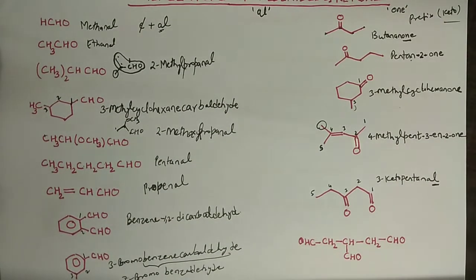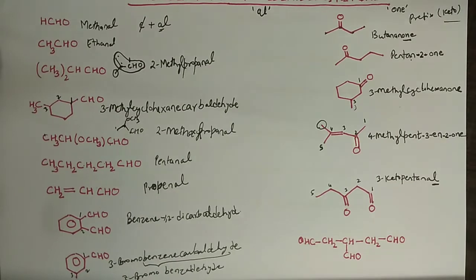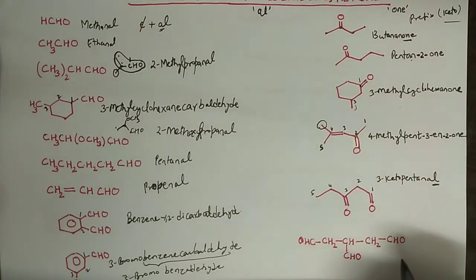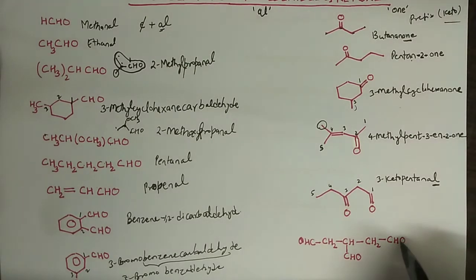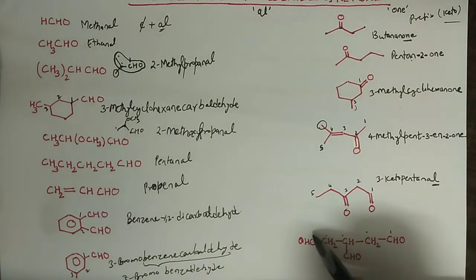And now the final nomenclature example. This is a question of analysis. We have an aldehyde group, so we can number it 1, 2, 3, 4, 5.